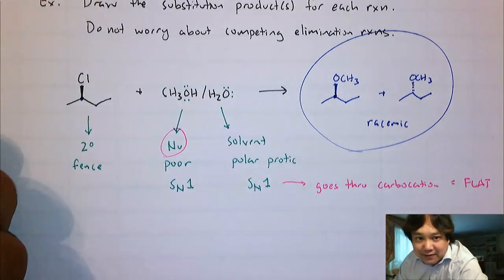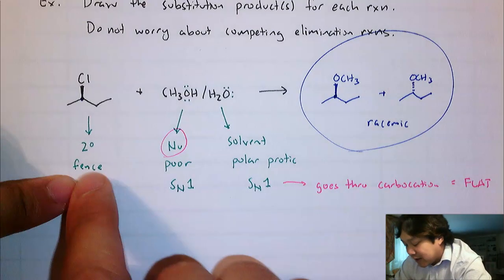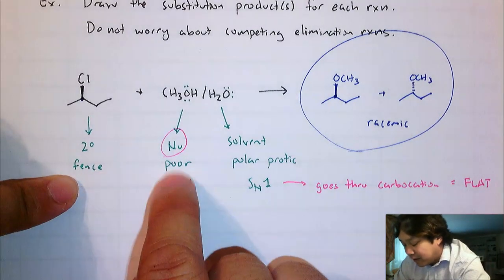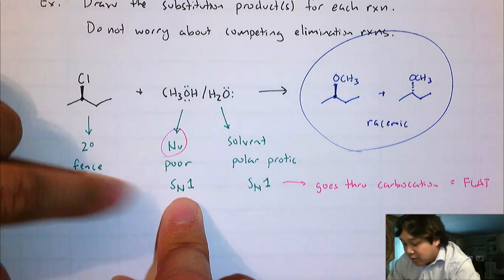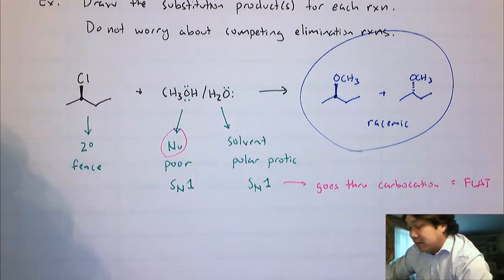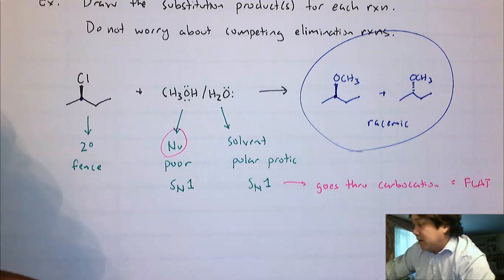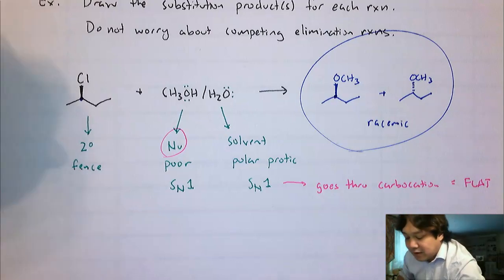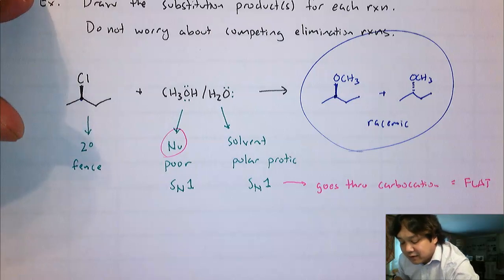That's the process. Now, if you don't understand why a poor nucleophile gives SN1, or why a polar protic solvent gives SN1, that comes from the table in the previous video, 07F20.